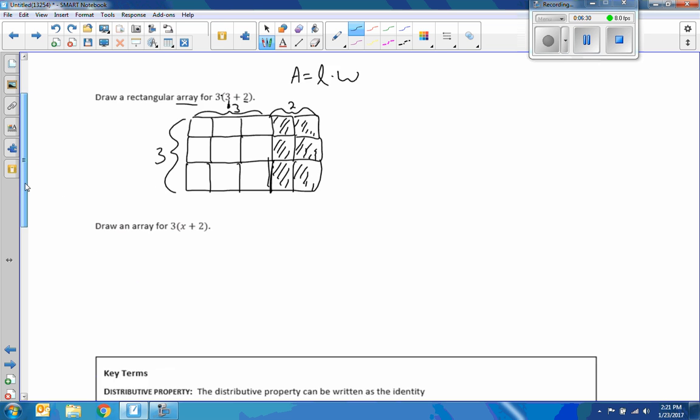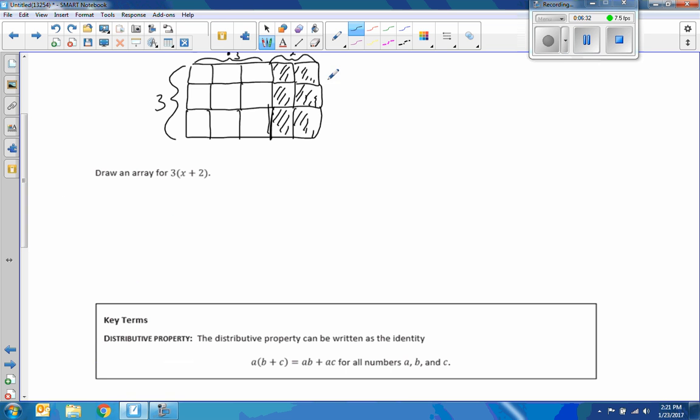Now it says draw an array for 3 times the quantity x plus 2. Now remember what I did before in the prior example with x. I can make x bigger to show that it's more than the other 2. So there's x, and this is 2, and it's times 3.